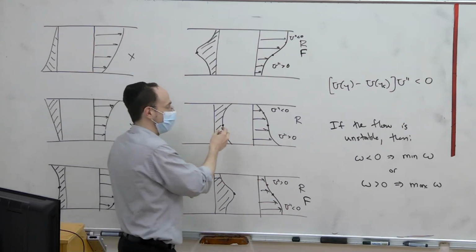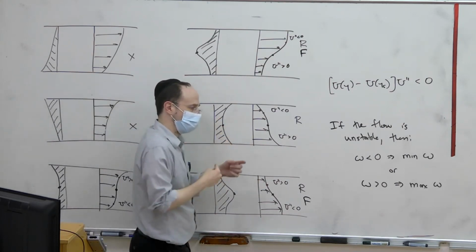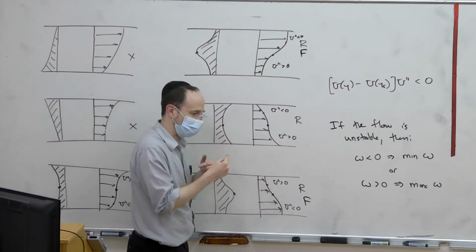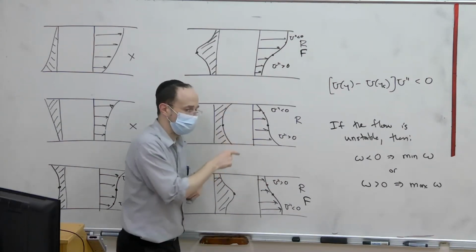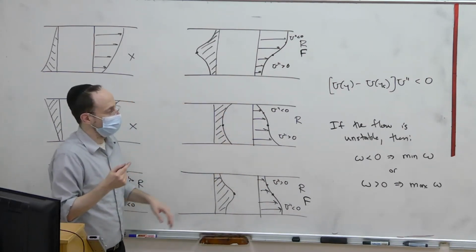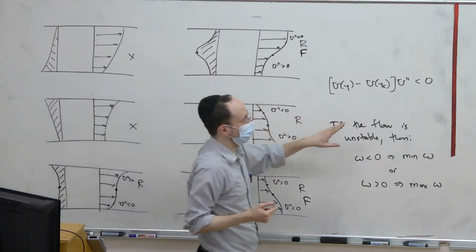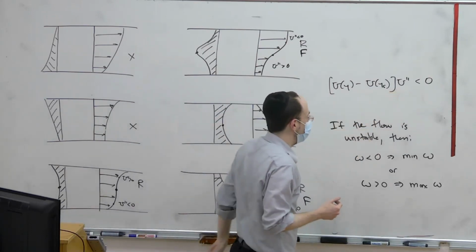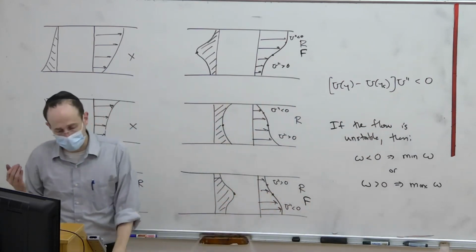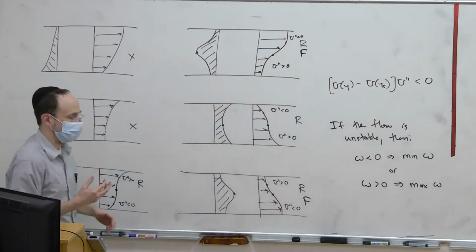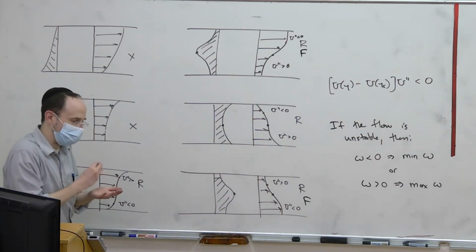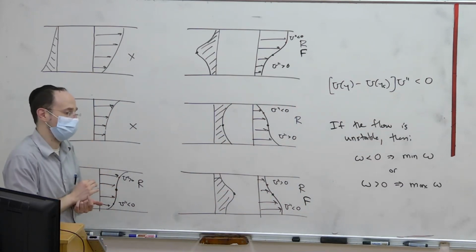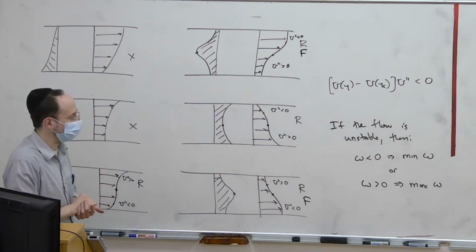We're going to see that the ability of that perturbation to grow or decay depends on this feedback loop, and it depends on the distribution of vorticity. So we're going to show next week that it's not just a purely mathematical statement that there has to be a min or a max of vorticity, but in reality, the min or max of vorticity tells you something about physically what happens to a small perturbation in a flow. We're going to see how that happens.